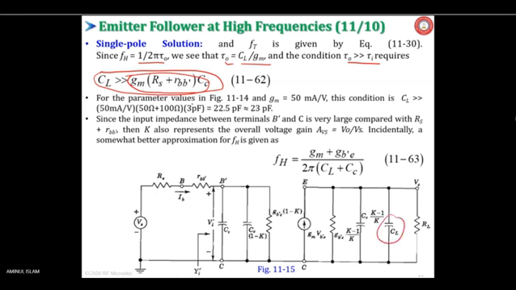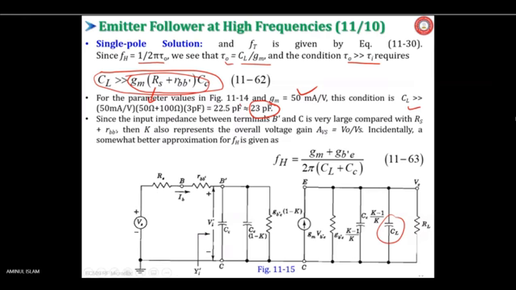For the parameter values in this earlier figure, gm was taken as 50 milliampere per volt. This condition is: Cl should be greater than, putting this value in this equation, you get 23 pF, much greater than 20 pF.